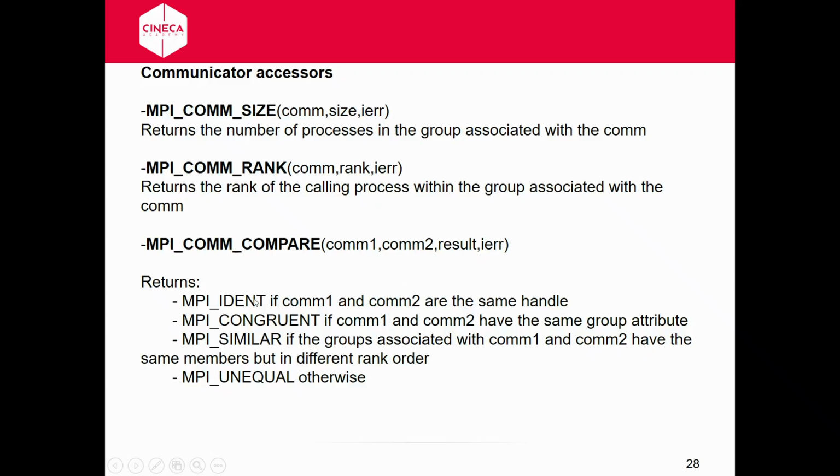The result has the value MPI_IDENT if the two communicators are the same, MPI_CONGRUENT if the communicators are different but are associated to the same group, the same group attribute that contains both order and elements in the group, MPI_SIMILAR if the two communicators have the same members but different rank order, and otherwise MPI_UNEQUAL.